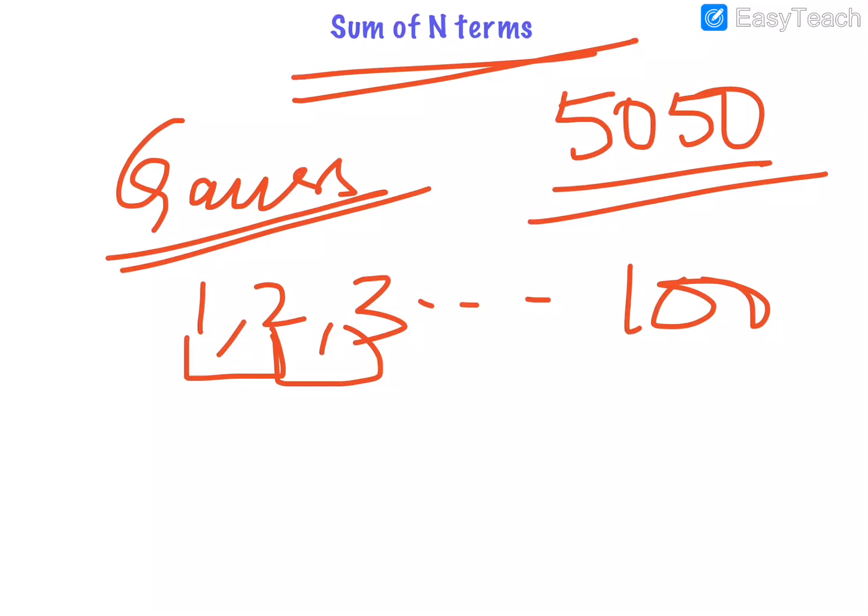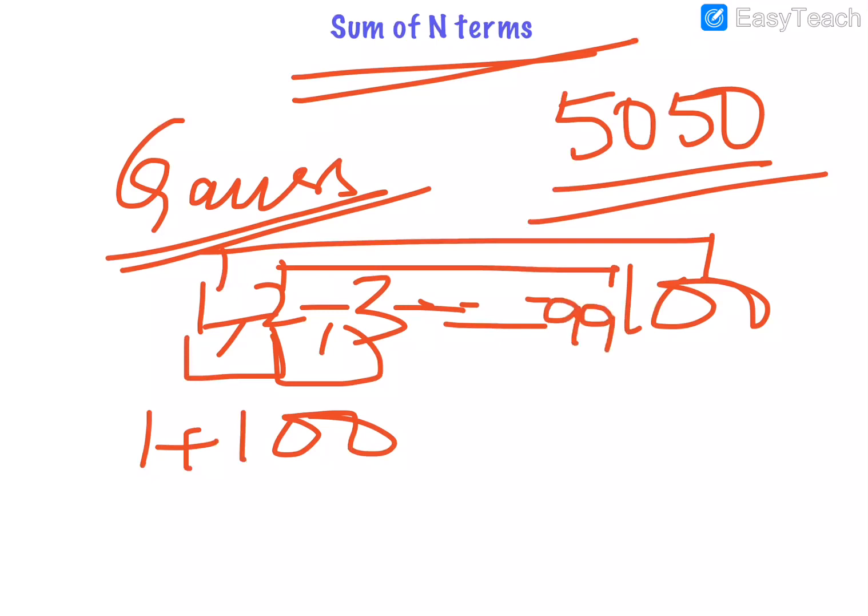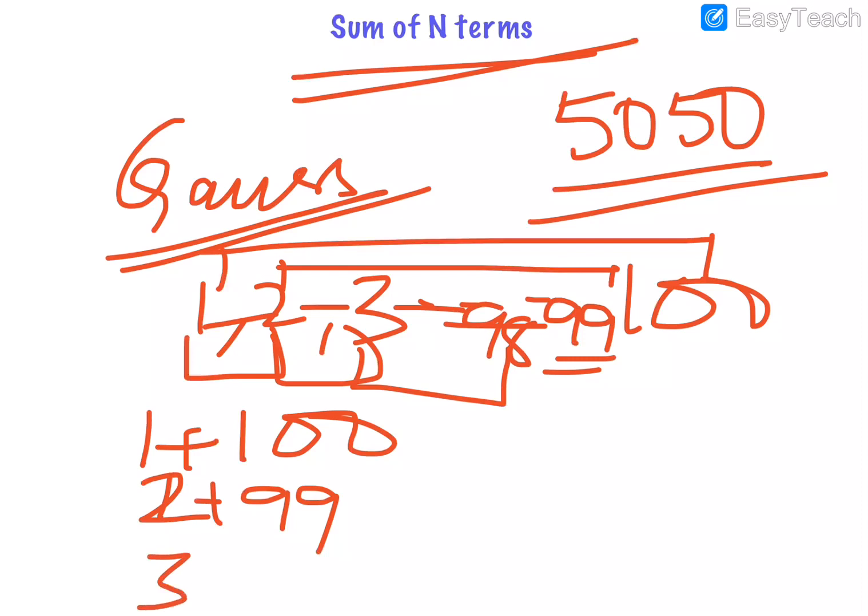Then Gauss explained, "Madam, instead of adding two numbers together, I added the very first term and the very last term, 1 plus 100. Then I added the second term and the previous term, 2 plus 99. Then 3 with the previous term, 3 plus 98."